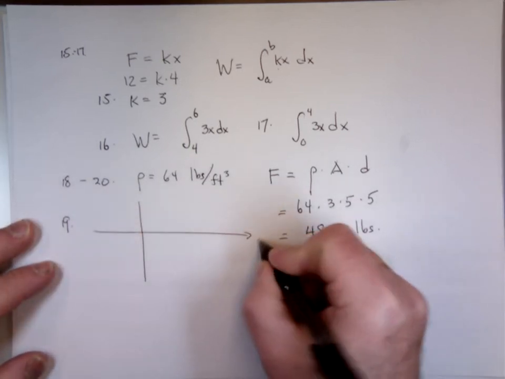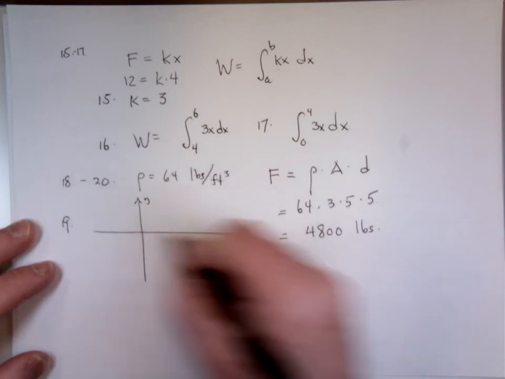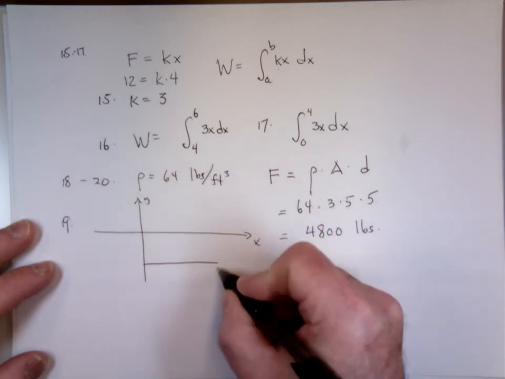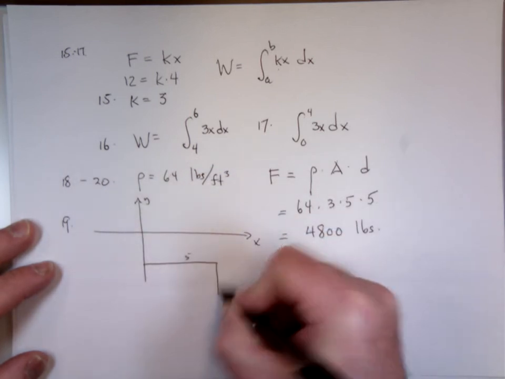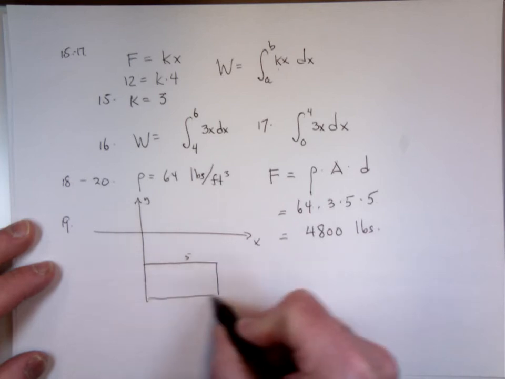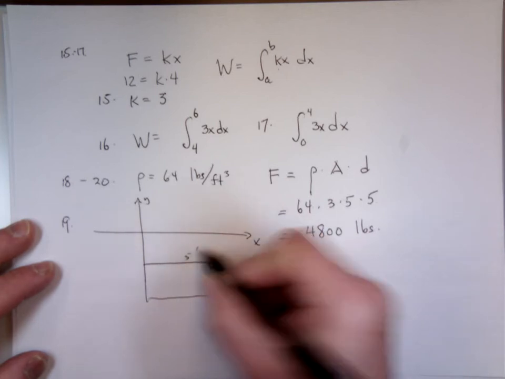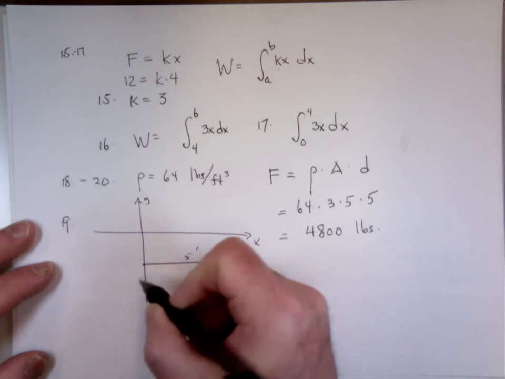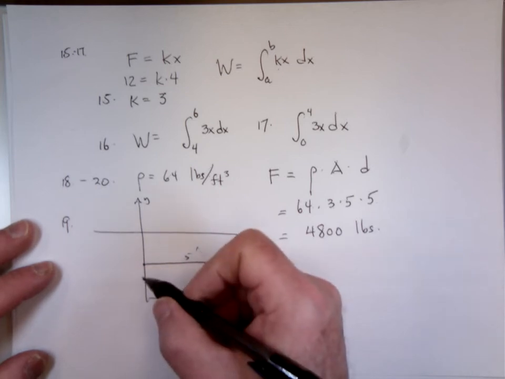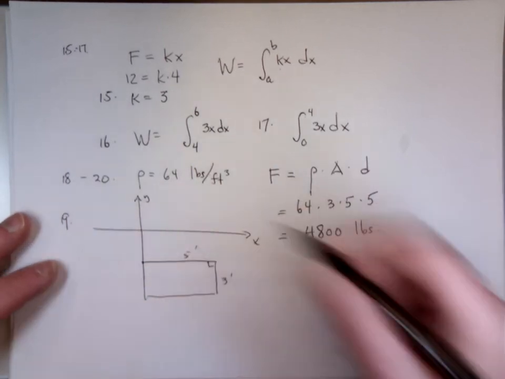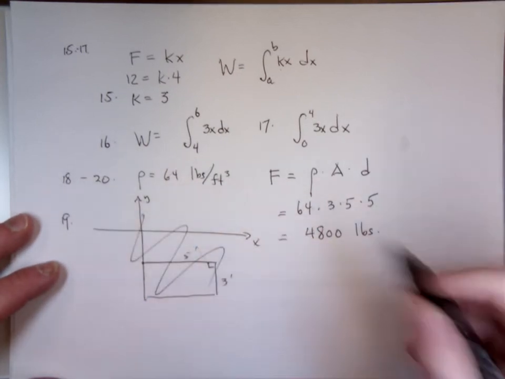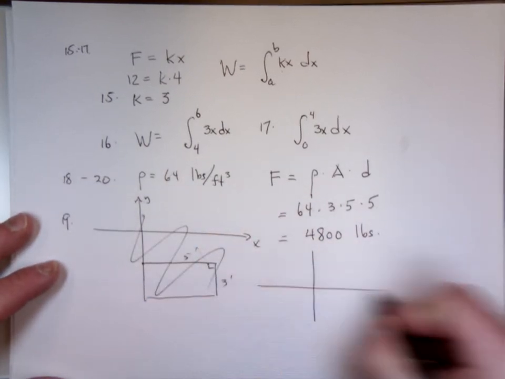Top of the water, 5 feet, 3 feet, okay? And this is at a depth, 0 feet. Oh, shoot. Okay, sorry. My bad. I thought it was below the surface, but it's not.